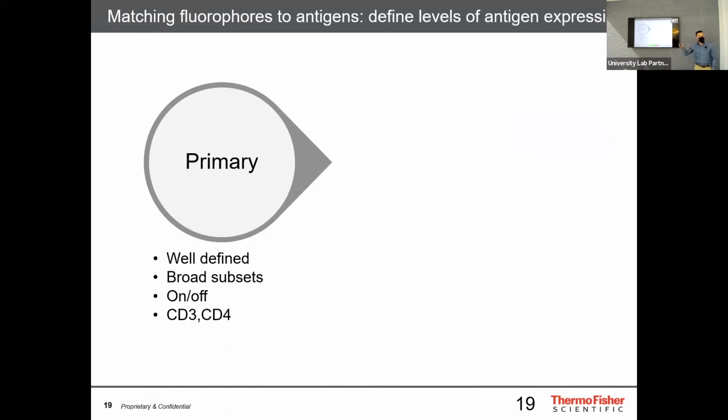When you think of your primary markers, these are your well-defined, almost lineage-heavy markers. They're broad subsets. They'll either be on or off. So you'll either have positive signal or negative signal. There's not going to be an in-between or a spectrum. An example of this would be CD3 and CD4 on T cells.